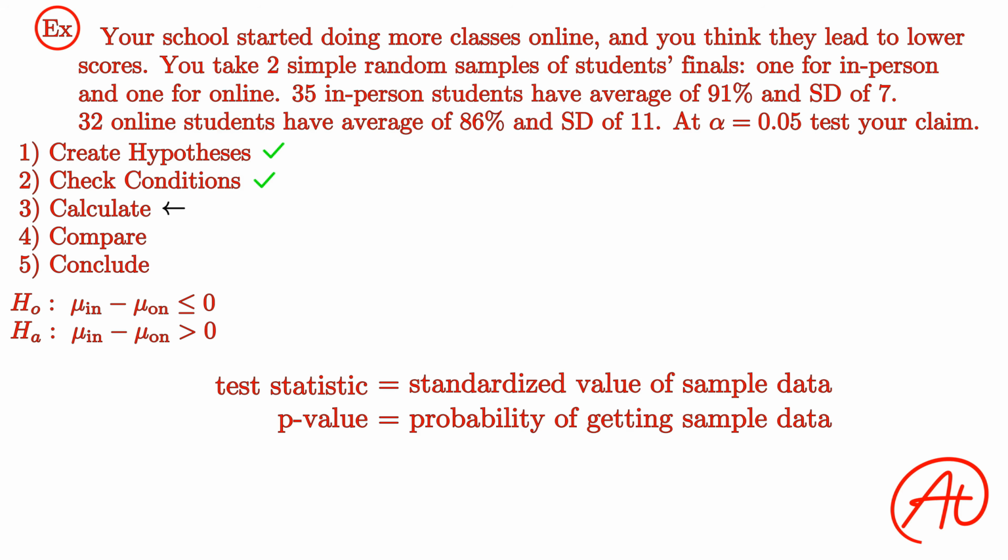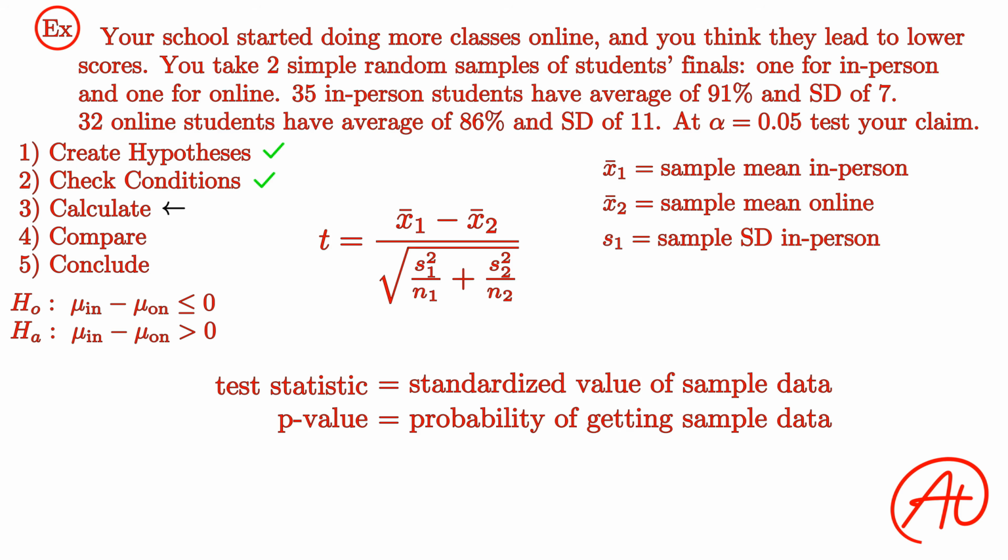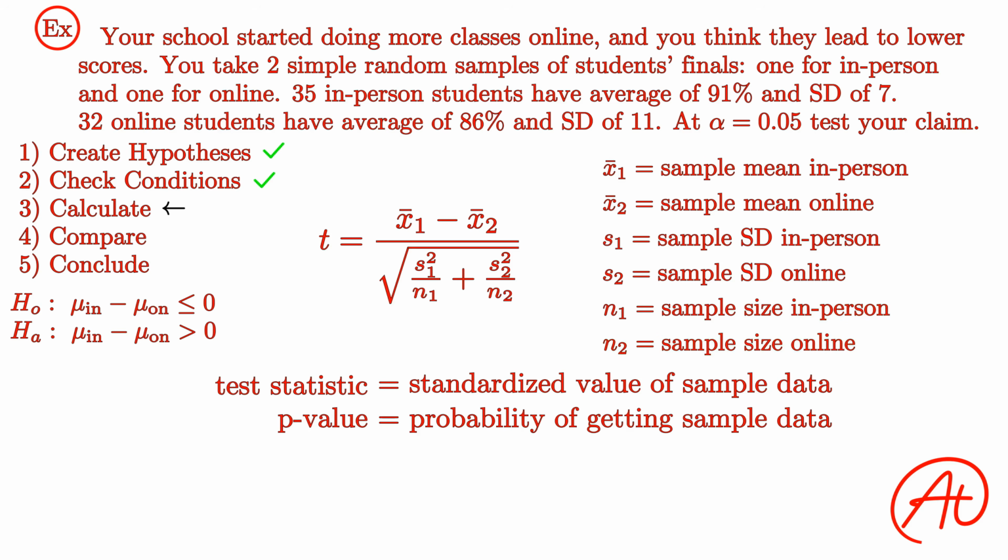The formula for t for two-sample t-tests for means is t equals x1 bar minus x2 bar divided by the square root of s1 squared divided by n1 plus s2 squared divided by n2, where x1 bar is our sample mean score of students taking the class in person, x2 bar is our sample mean score of students taking the class online, s1 is our sample standard deviation of in-person students, s2 is our sample standard deviation of online students, n1 is our sample size of in-person students, and n2 is our sample size of online students.